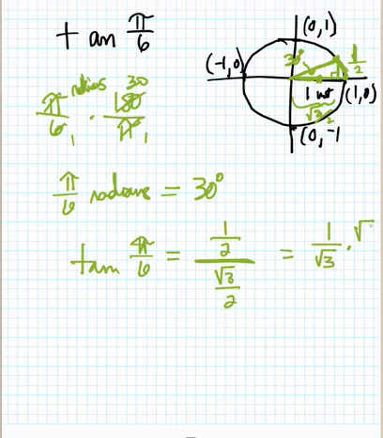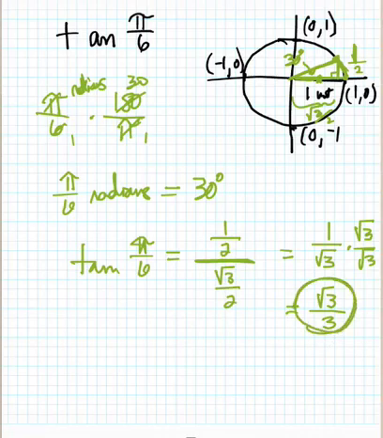I don't typically leave my answer like that. You could, but I don't like a radical in the denominator, so I make it radical 3 over 3. So the tangent of pi over 6 is radical 3 over 3. It is a 30-60-90, so again, that's one of the things you're supposed to memorize. If you just memorized it, great. If you need to reason it out, hope that helped a little bit.